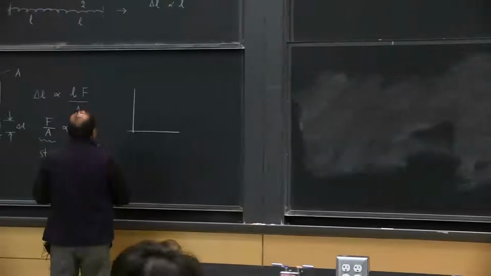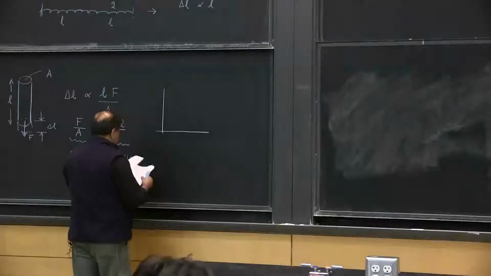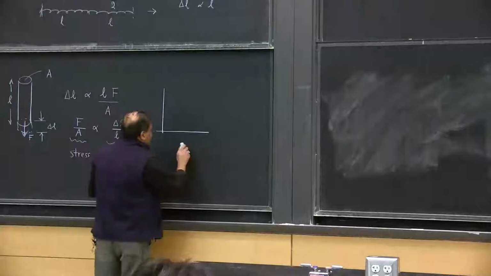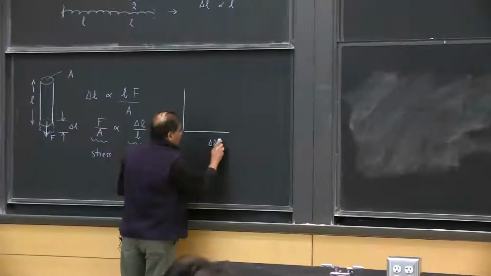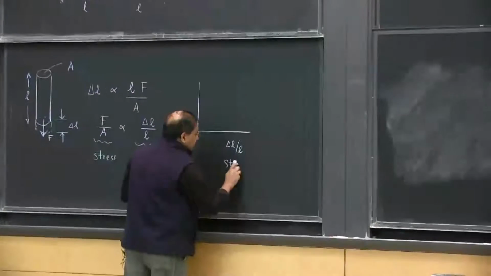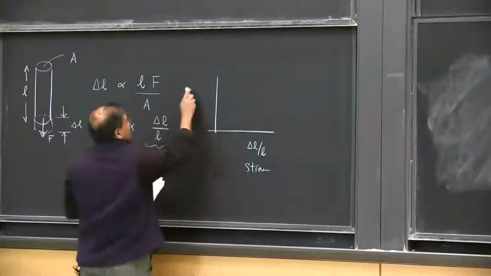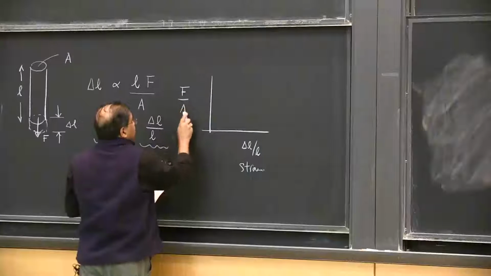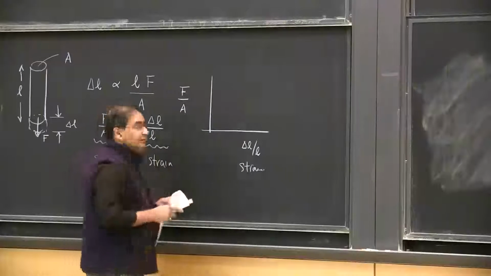And one of the important things that they'll tell you is the stress-strain curve. Typically, strain is plotted along the x-axis. So this is your strain axis, and this is your stress axis, F over A. So this is the stress-strain curve.